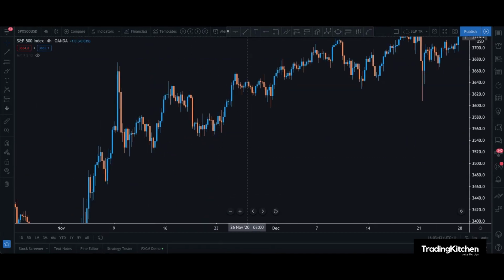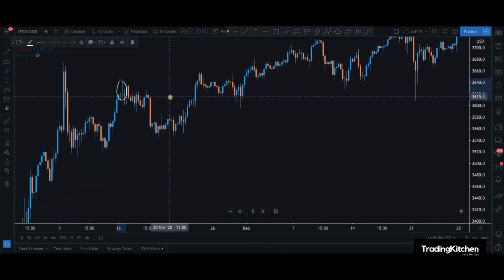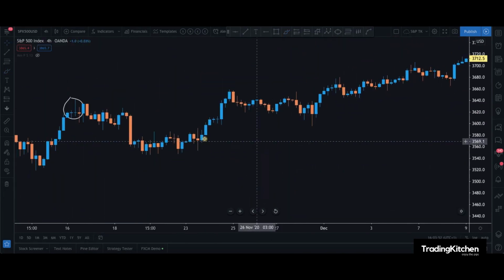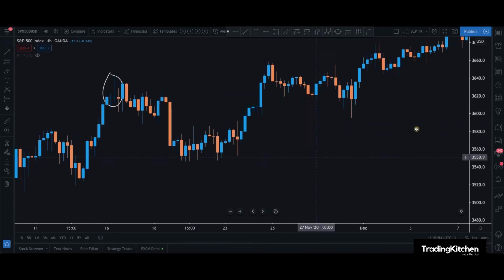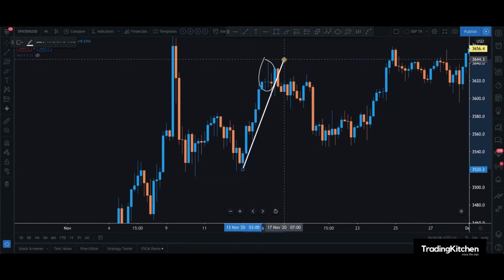Okay, as you can see, for example, here. This is a good one. Let me zoom. This is an opposing force that is pushing, because we have here an uptrend.